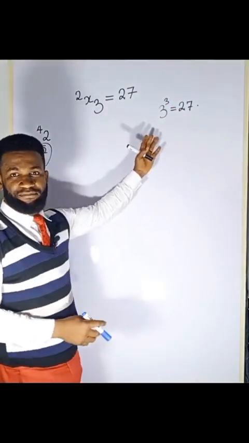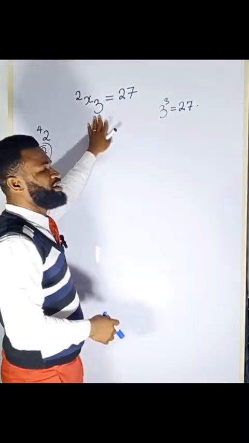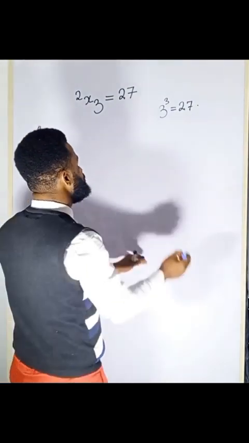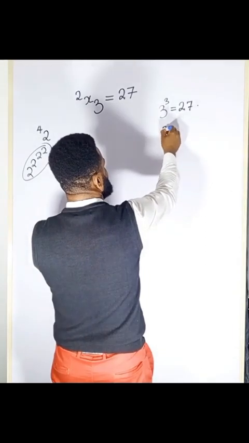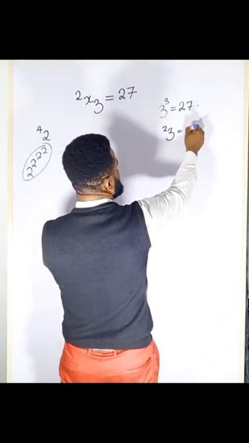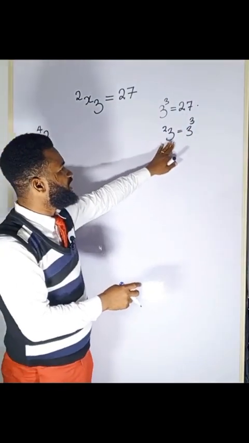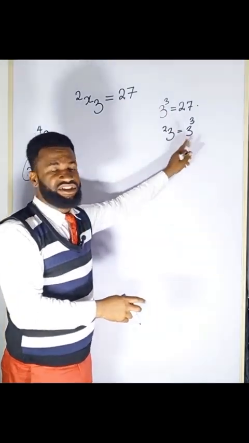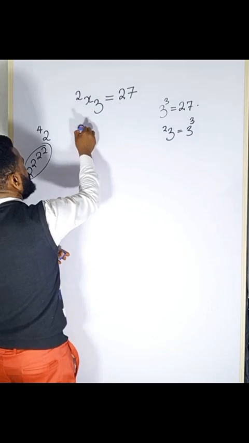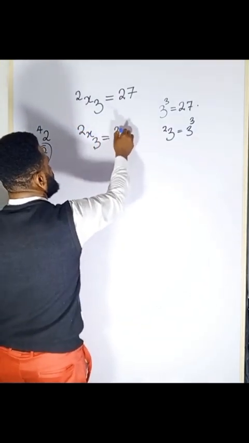But this one is like a power, so it is not the same tetration. So I'm going to use this, and this is the same thing as 3 raised to power 3. Since they are the same thing, 3 raised to power 3 is 27. Therefore, I'm going to say that this is 2, which is going to be equal to 2.